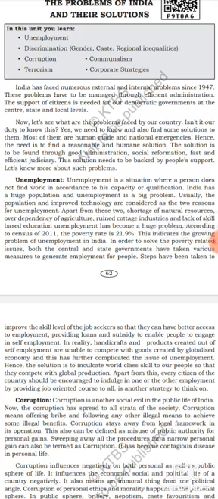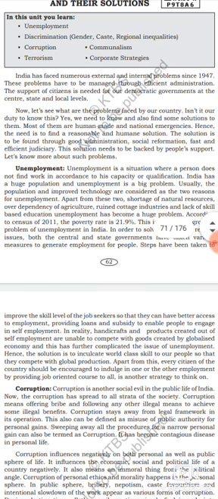Got it? According to census 2011, the poverty rate is 21.9%. This indicates the growing problem of unemployment in India.